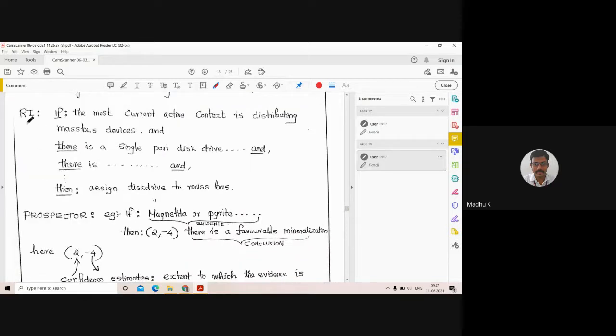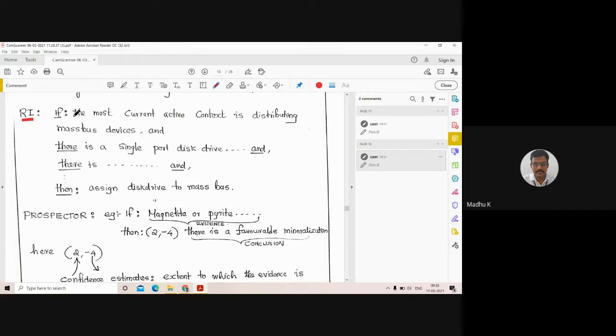Next is RI. RI is used for automatic configuring of a system. It is an automatic configuration expert system, and the rules will be like this.